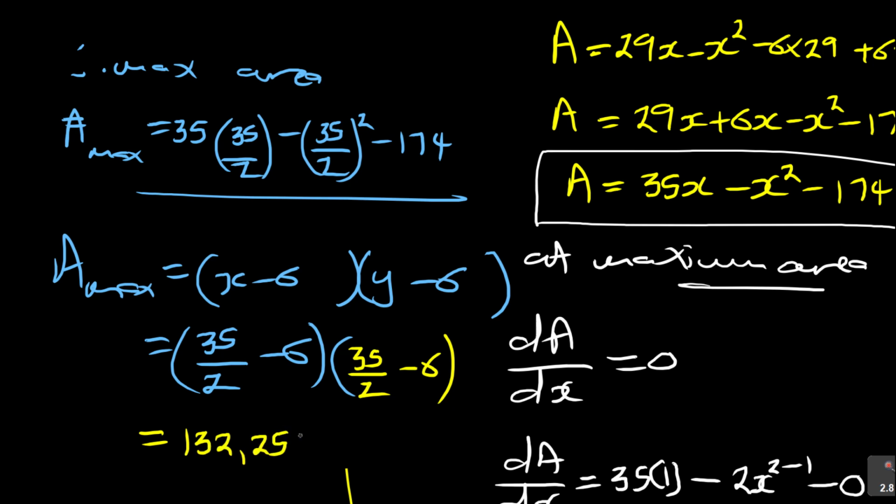Then remember, area is in units squared. You can leave it like that, as units squared, u squared, meaning unit squared. It is the same answer that we get, 132.25 units squared. We don't know the units, any units whatsoever.